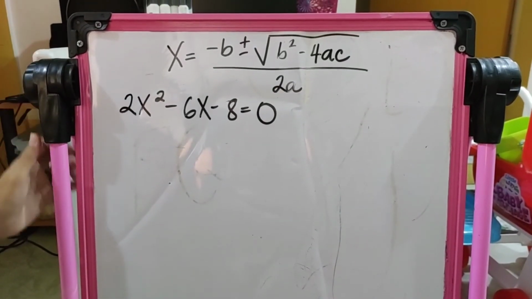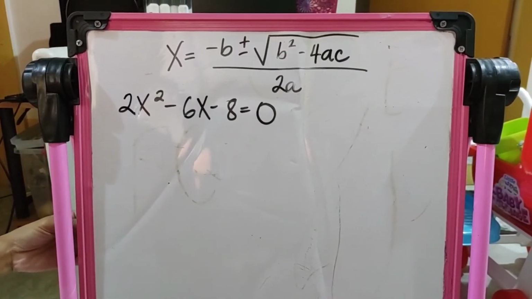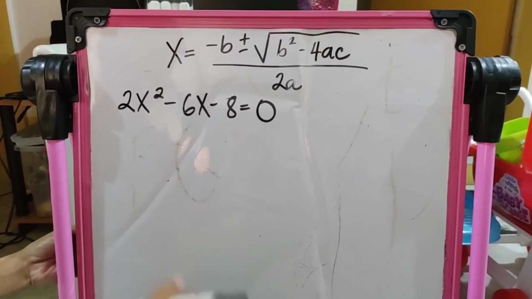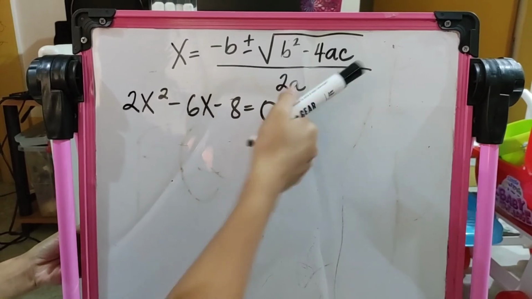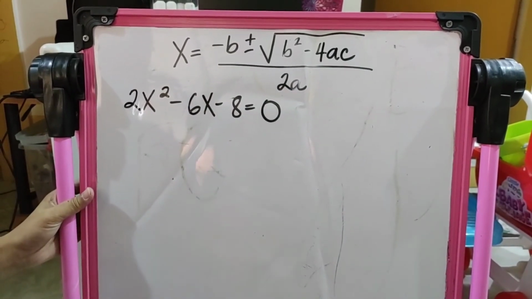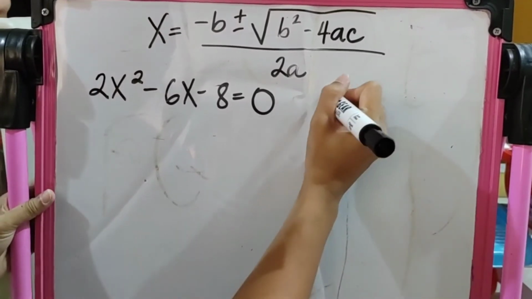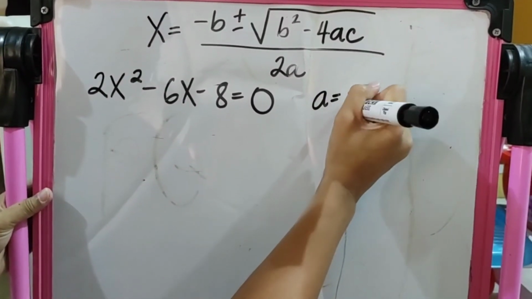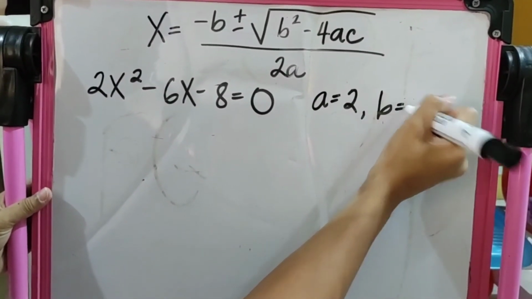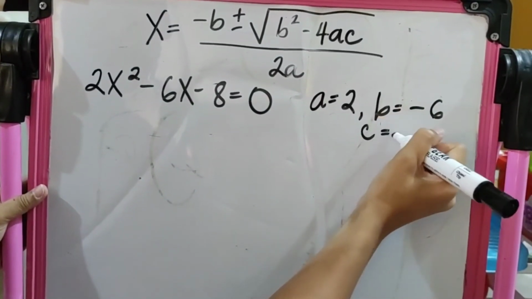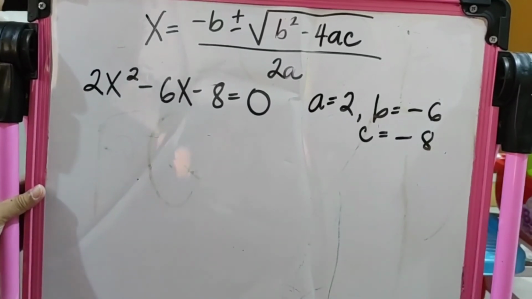It is important that your quadratic equation is in standard form because we have to identify the values of a, b, and c. So, since this is in standard form already, we can now identify the values of a, which is 2, b, which is negative 6, and the value of c is negative 8.